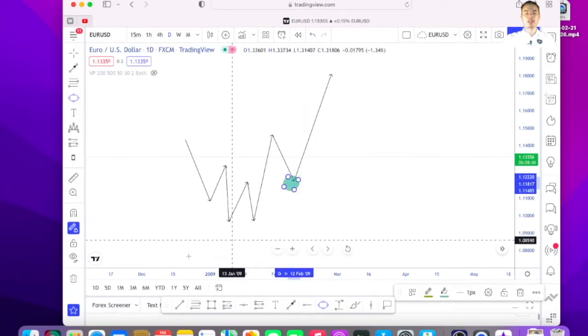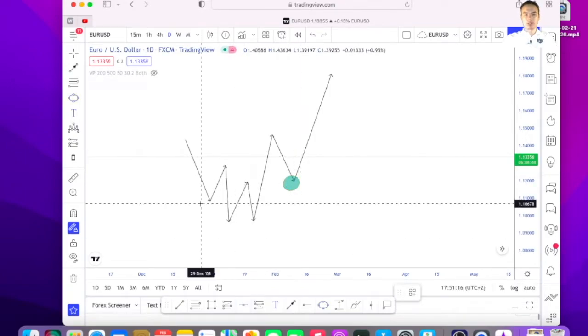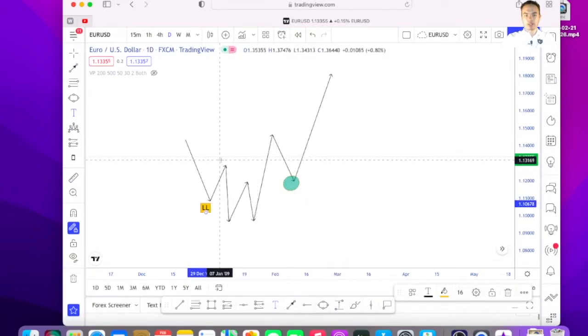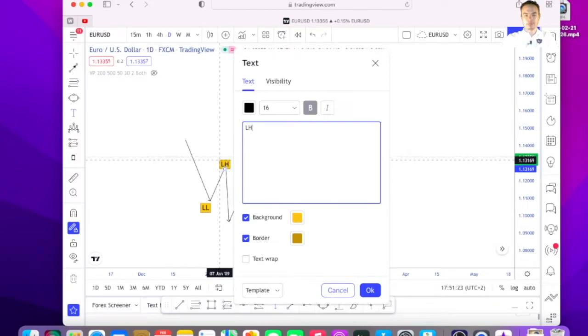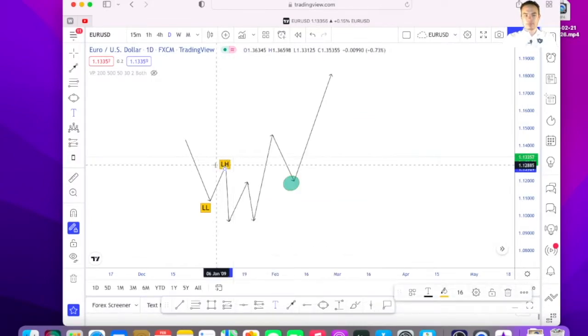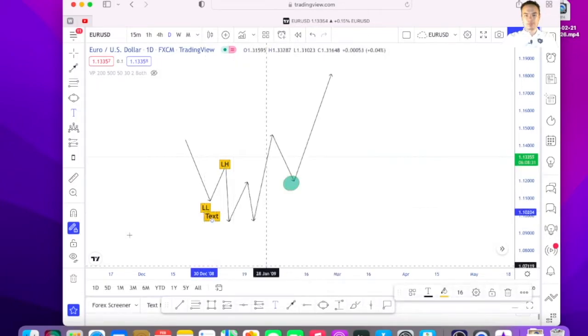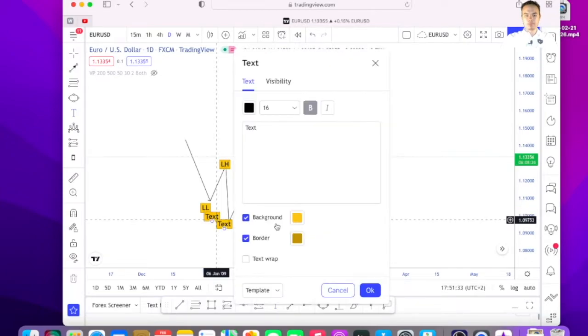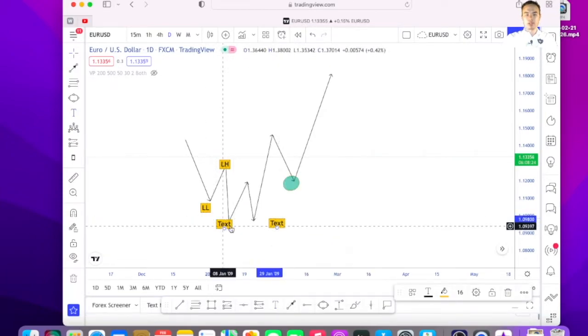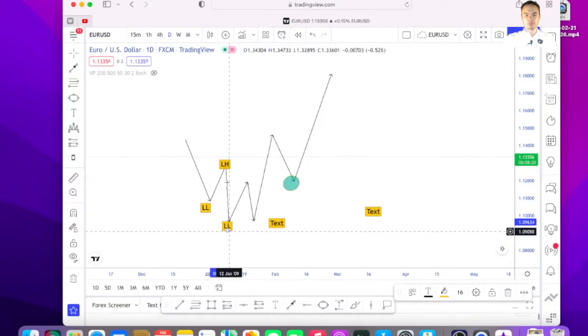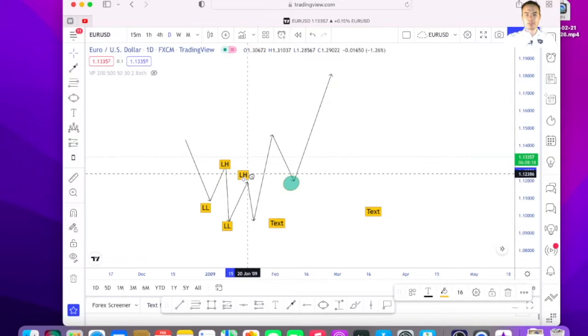Okay, why? Let me write it down. So we have a series of lower lows and lower highs. Lower lows, lower high.